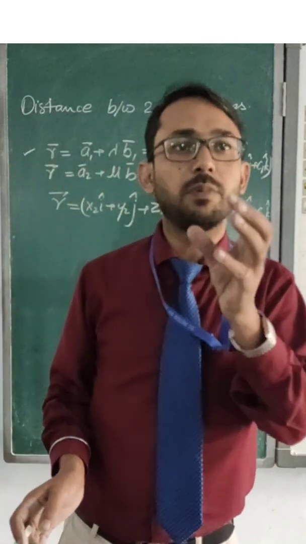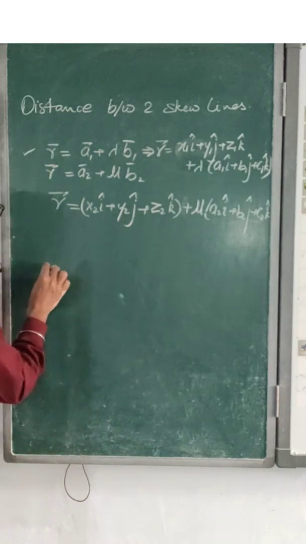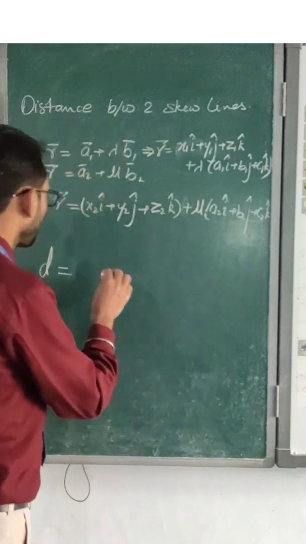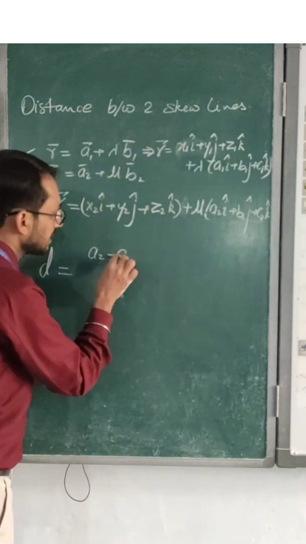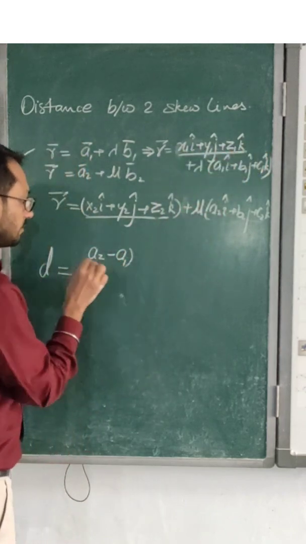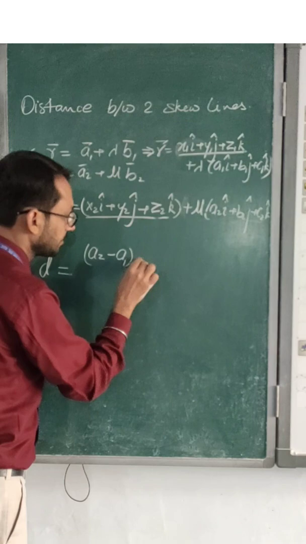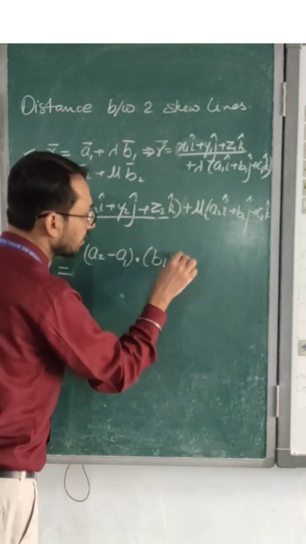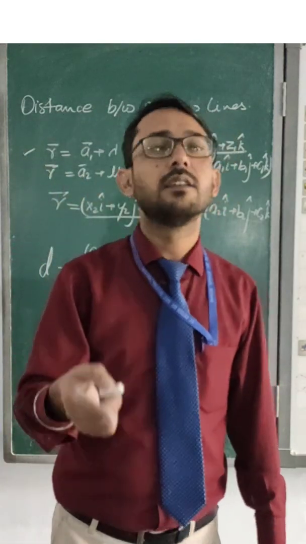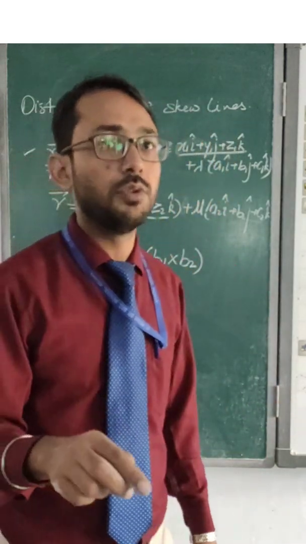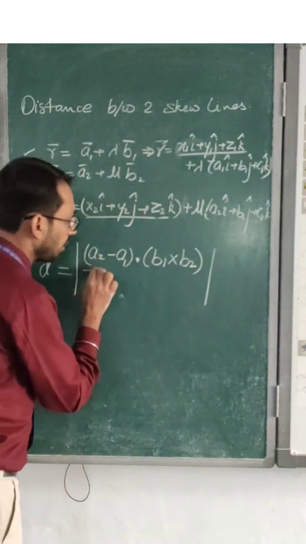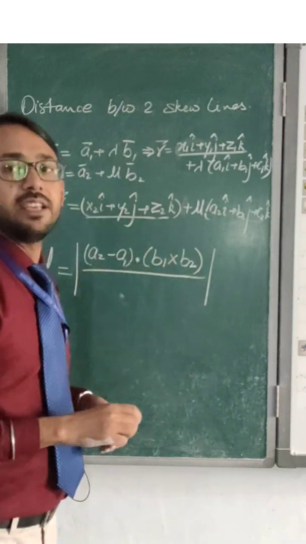Now we are calculating the distance between two skew lines. (a2 − a1) · (b1 × b2): this itself is the condition for coplanarity of two lines.